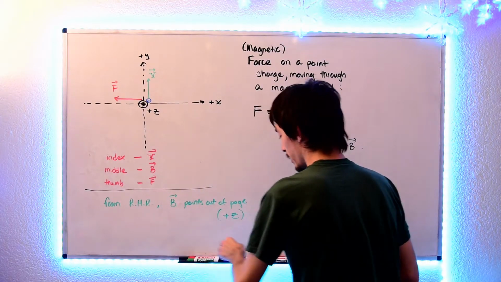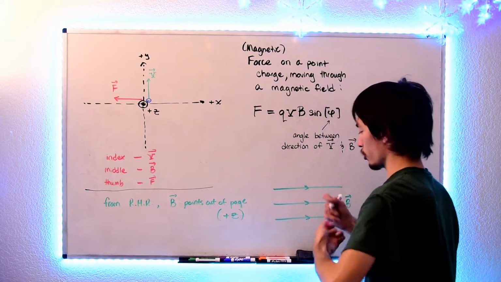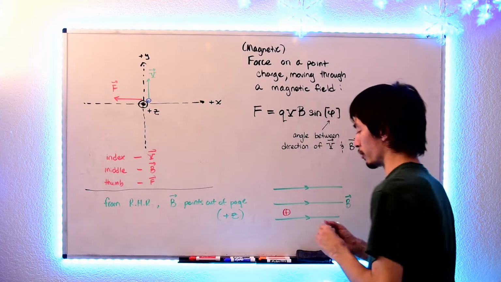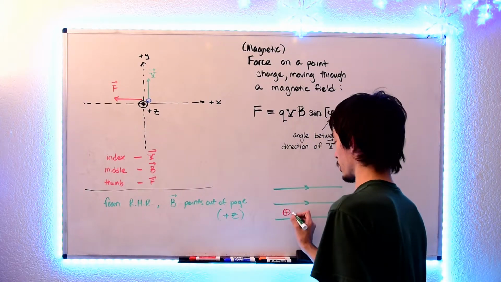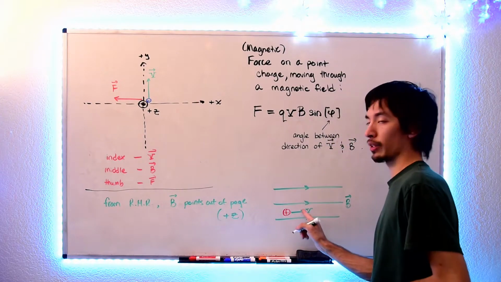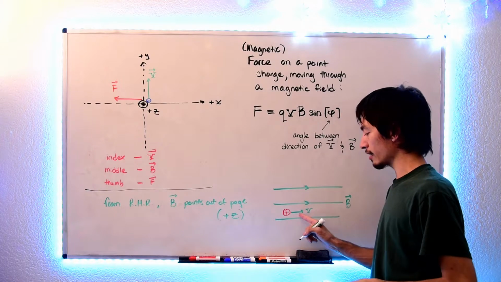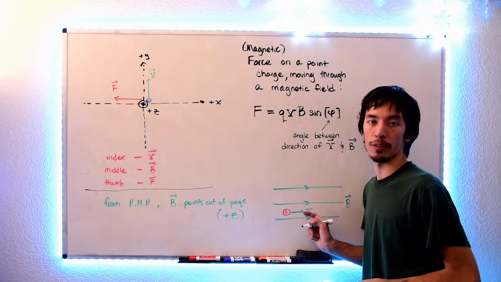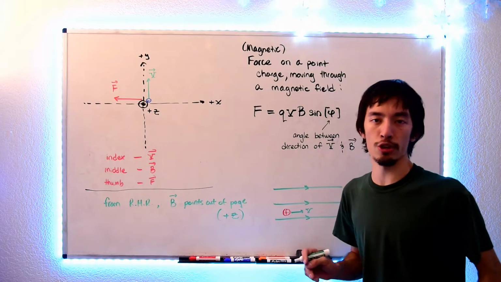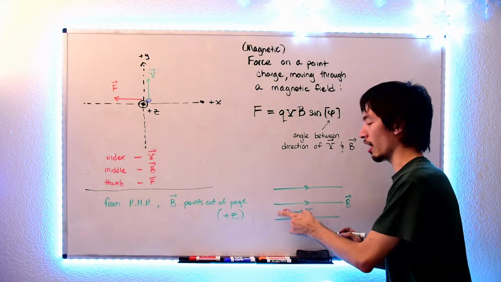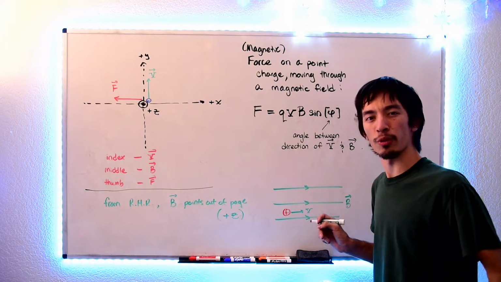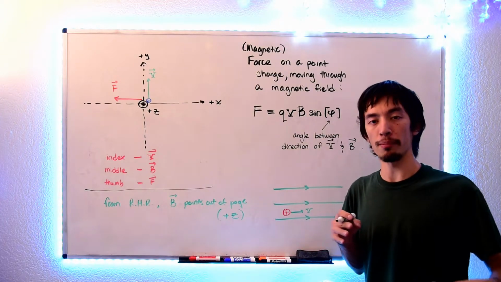Let's say hypothetically that you had a charge, and the charge were to move in the same direction as the magnetic field with some velocity. In that case, you would not have any force at all. Okay. If you had a question that said to find the direction of the force on this charge in this picture, trick question, but not really. It's a concept that you need to understand.